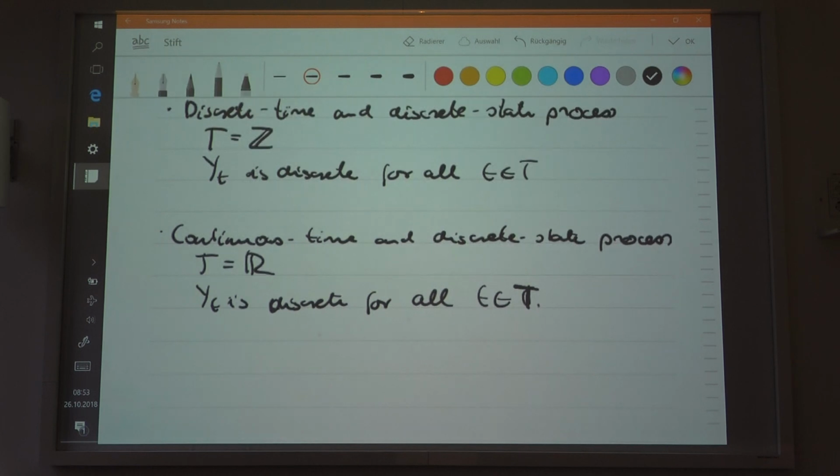Then of course you have a discrete-time and continuous-state process. That's the second one.